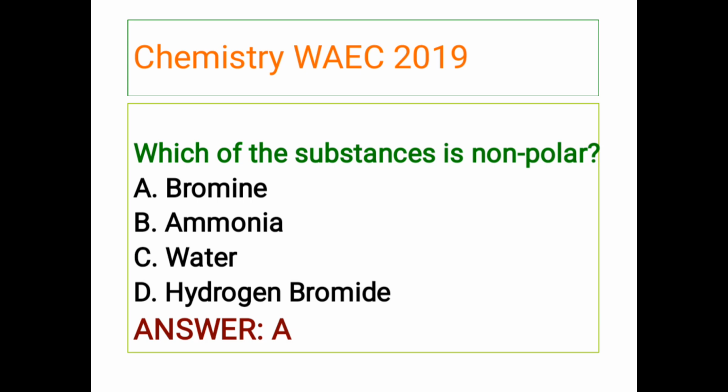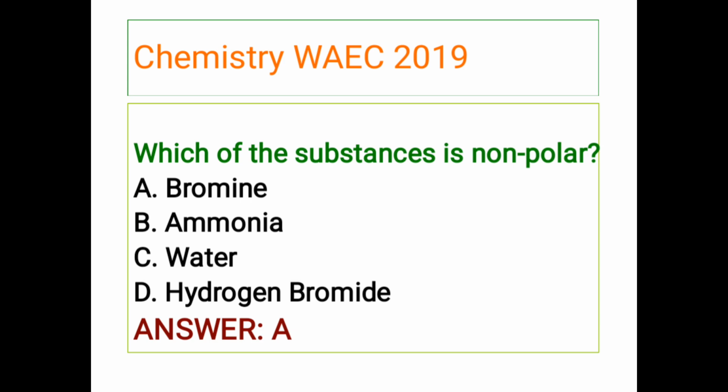Water has 2 hydrogen atoms, and the hydrogen atoms are positive. In ammonia, hydrogen atoms are positive, then there is negative on the nitrogen. So you have a positive pole and a negative pole. So ammonia is polar. For water, you have the positive pole of the hydrogen, negative pole on the oxygen.